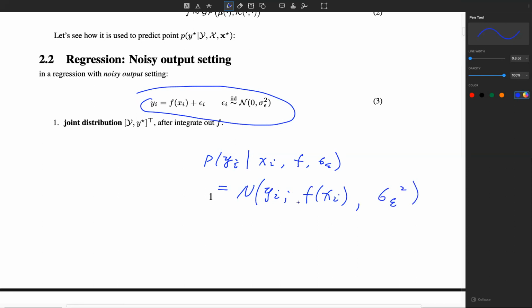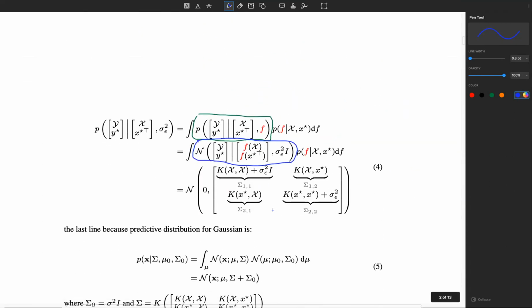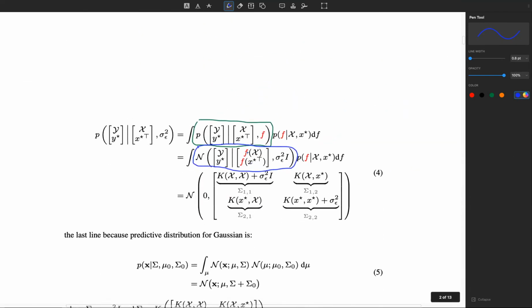And this is independent for all i's. So that's why you're only going to have a diagonal.